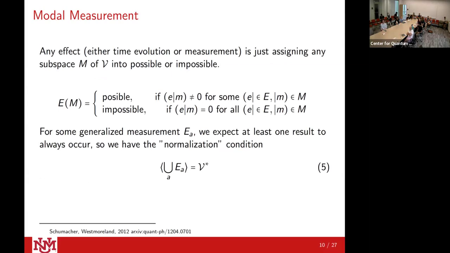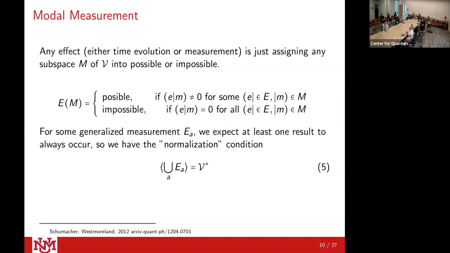And what's interesting is that when we do measurements in standard quantum mechanics, we have a normalization condition. You can actually recover a similar normalization condition, because if you do some measurement over a quantum state, you expect to get something. You don't expect to map your modal state to annihilate it completely.